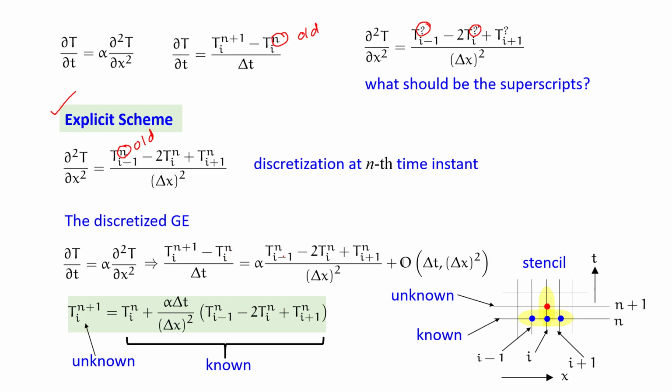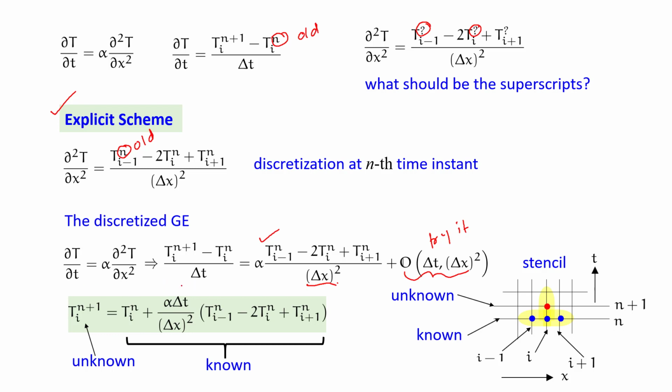The right side is alpha times T_(i-1)^n minus 2T_i^n plus T_(i+1)^n, divided by delta x square. The truncation error of this scheme will be order delta t, delta x square. I'll not go through the detail right now, but I suggest that you try it. See that the truncation error will come like this.